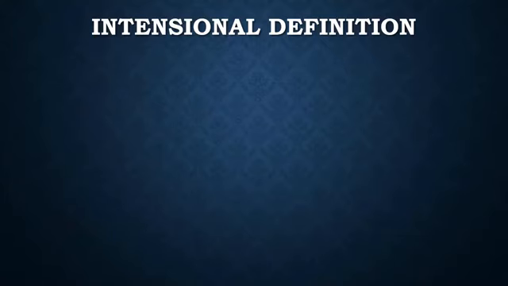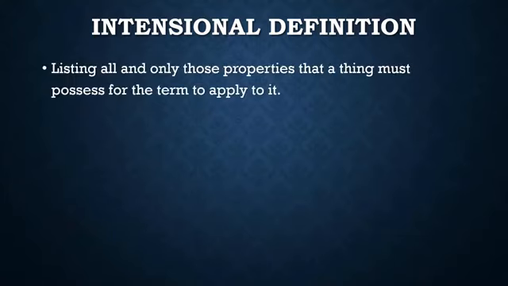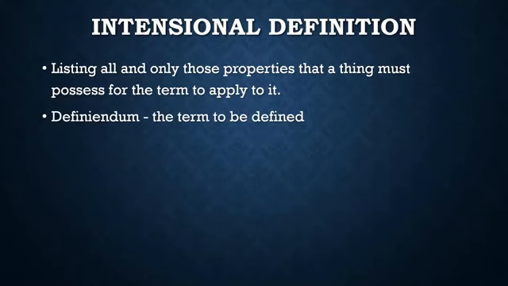Now, intensional definitions are done by listing all and only the properties that a thing must possess for the term to apply to it. This is the kind of definition that philosophers are especially interested in, and it's very difficult to do. Now, a couple terms can help explain what's going on.